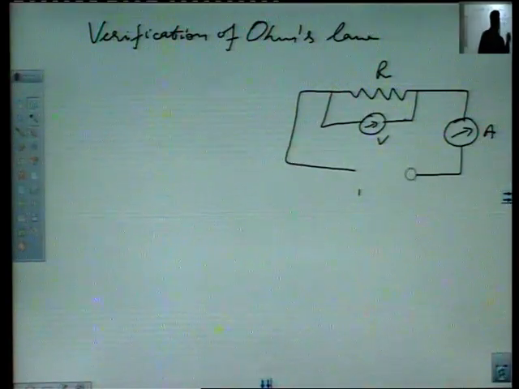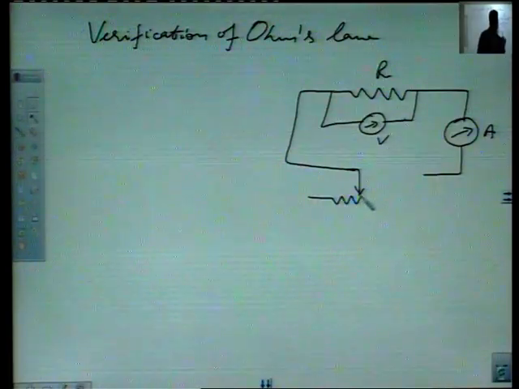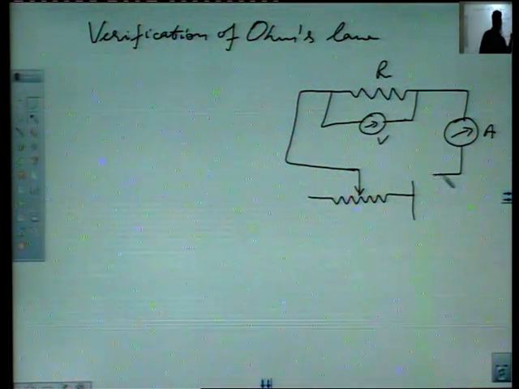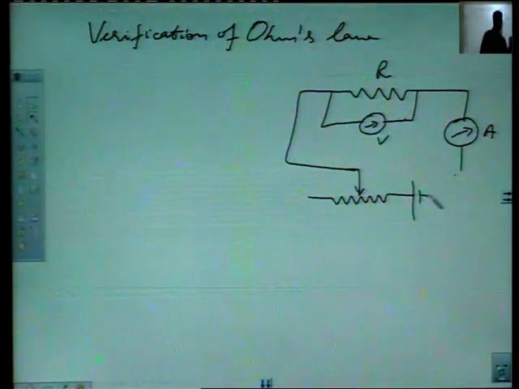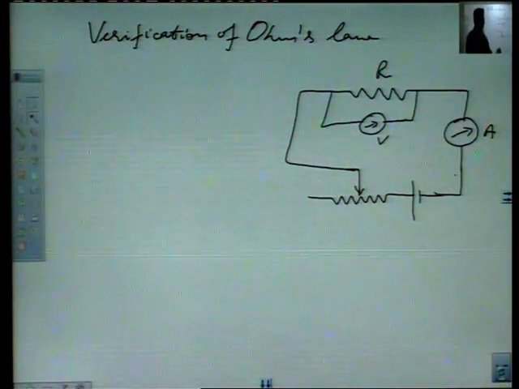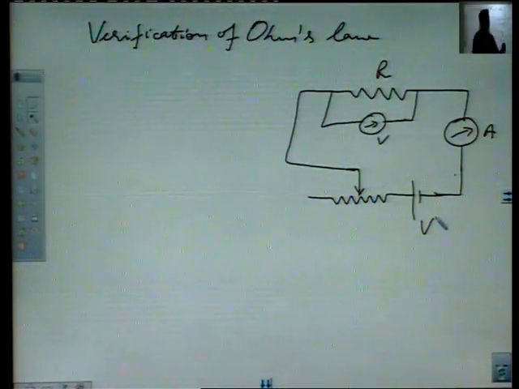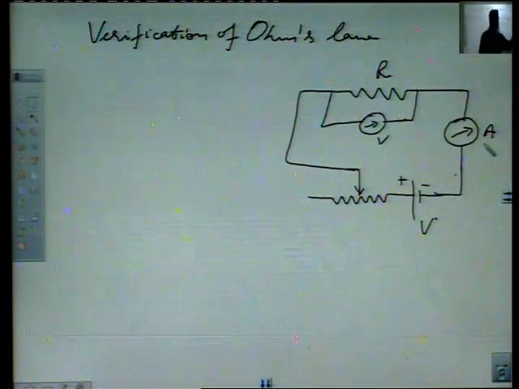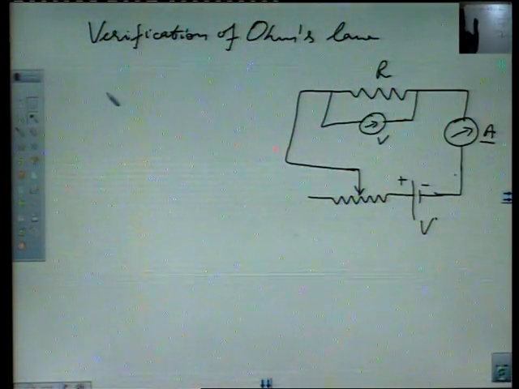We want this source of EMF to be variable, so we connect a rheostat. So, applying different values of potential difference across the ends of this resistance, we note down the amount of current flowing through this resistance and plot a graph.